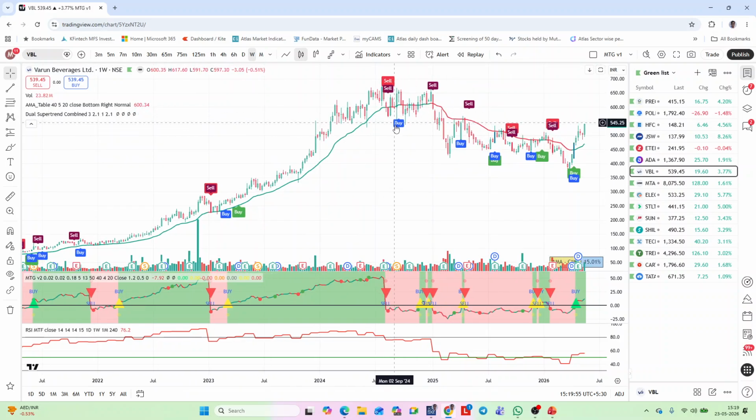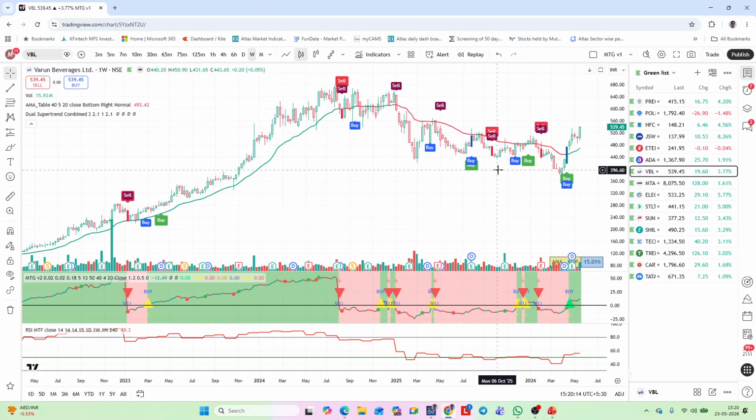So the downtrend started August 24. From August 24 to August 25 is 1 year, and now almost another 8 months, so almost 1 year 9 months the stock was down. This is basically stage 1.